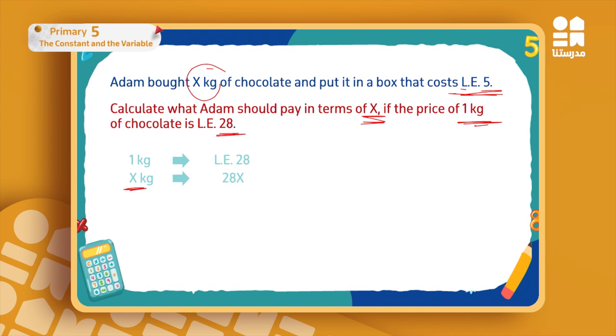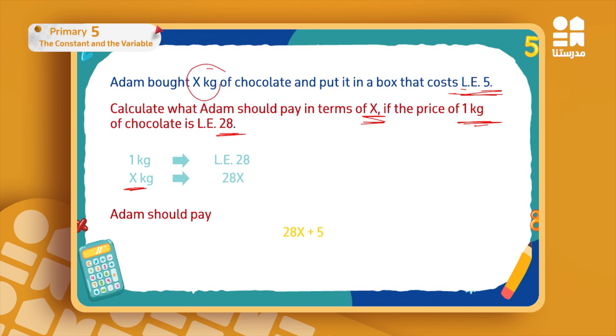Okay, so X kilograms equals 28 times X: the price of one kilogram times the number of kilograms that he's going to buy, which is here the X. So Adam should pay, and we shouldn't forget that he bought a box for LE5. So the relation will be 28x plus 5. 28x plus 5, let's keep that in mind.